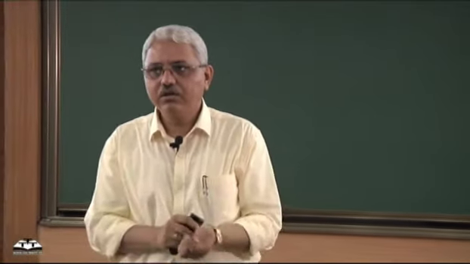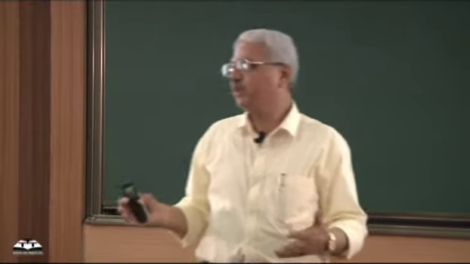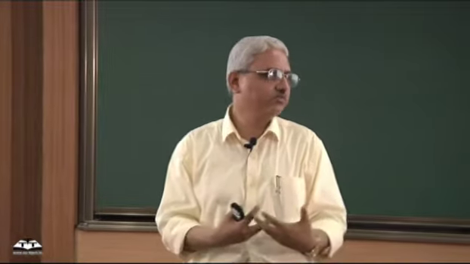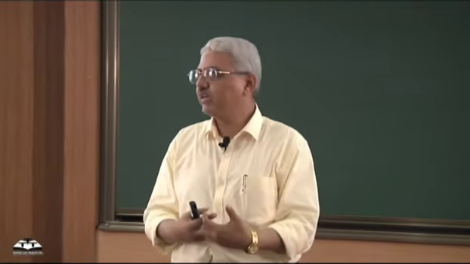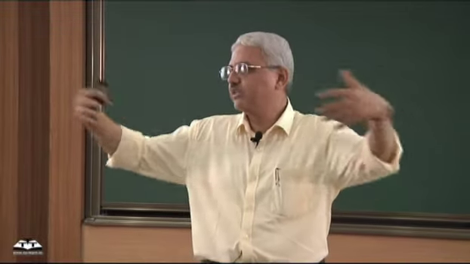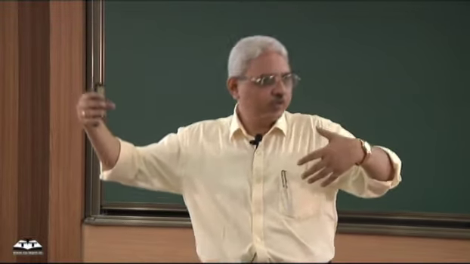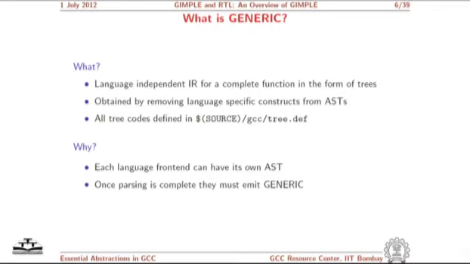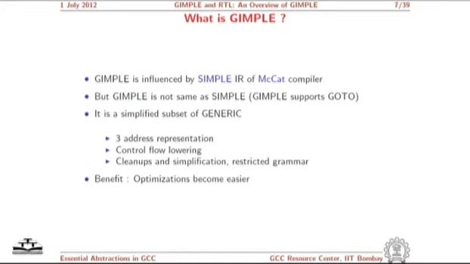Okay. So, generic is something that is essentially a union of all possible abstract syntax trees, because we are assuming that we may have C++, we may have C, and we get ASTs. Obviously, AST nodes for C would be different from C++, they may have some different AST nodes, etc., etc. So, therefore, a common set of ASTs was called generic, and generic is converted into Gimple.